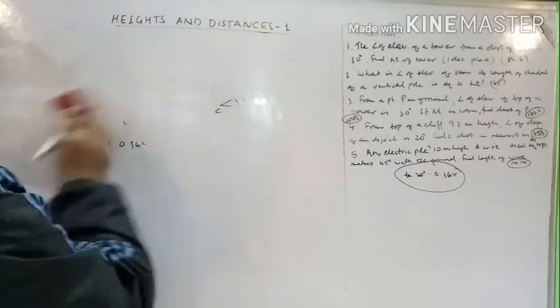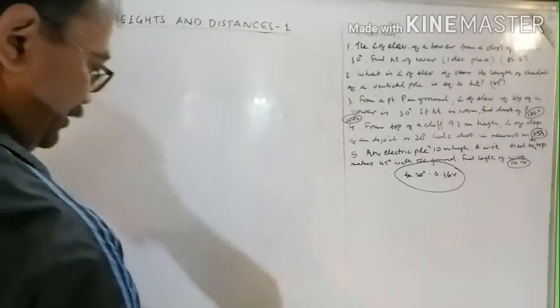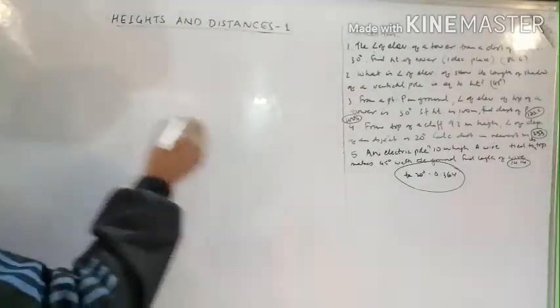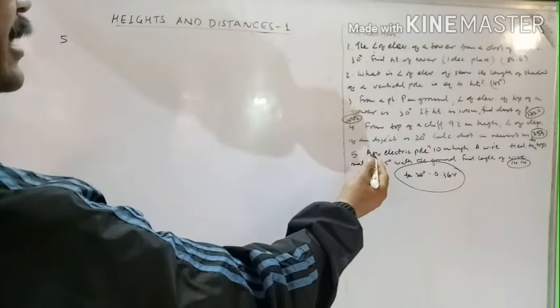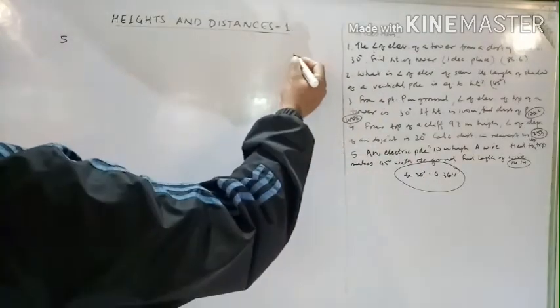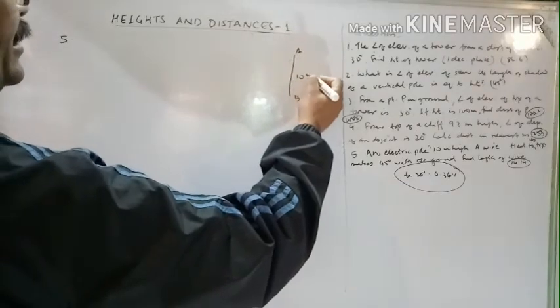Here we have to find another type: how to find the length of the hypotenuse. An electric pole is 10 meter high, so pole AB is 10 meter high.